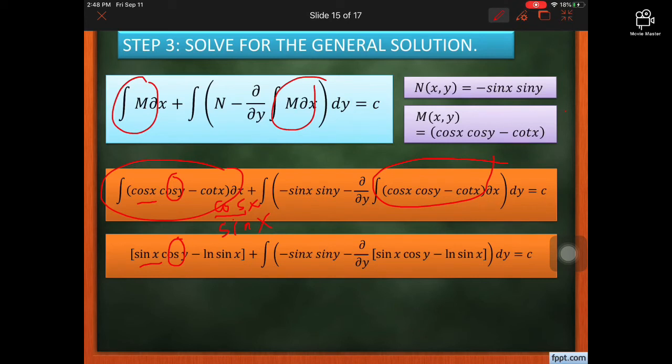So this form, you can probably say that is ln sine x.